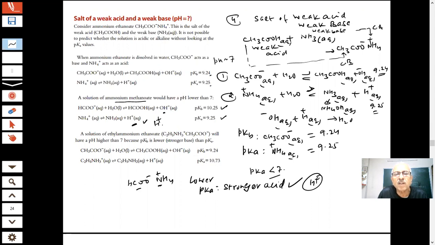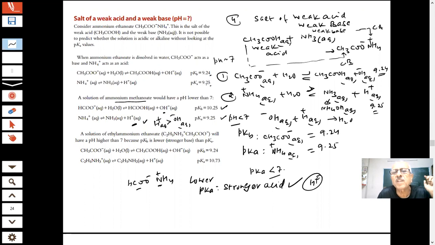H plus here is more than OH minus. So the net result after neutralization is that some H plus will be left, and then the pH will be less than 7. Here the difference was very little, so pH is almost 7.